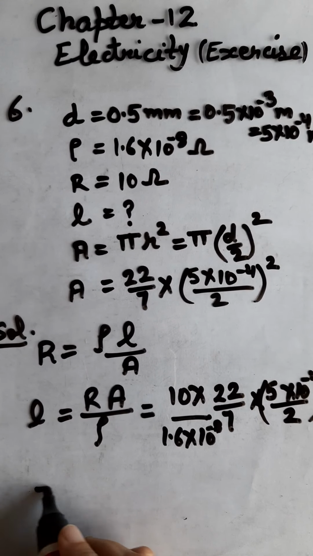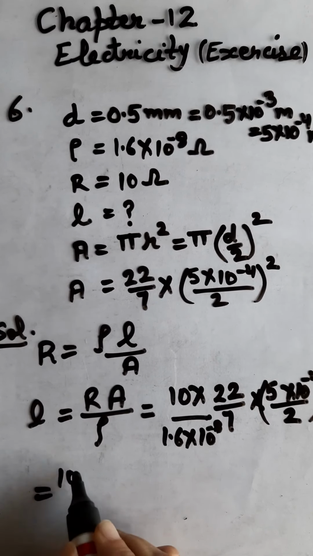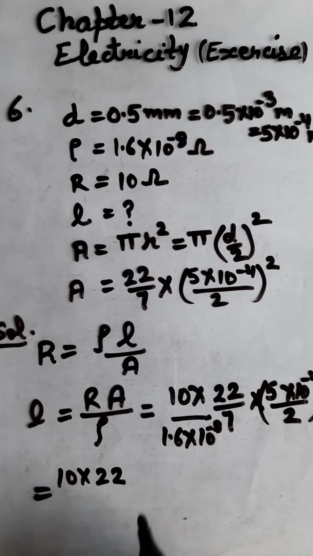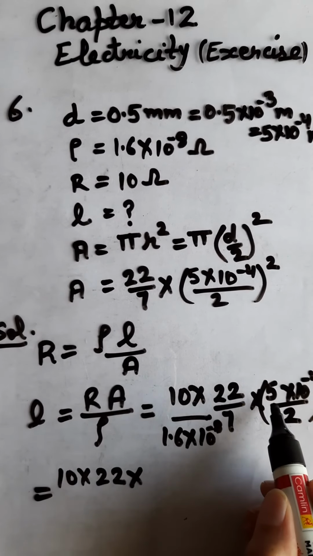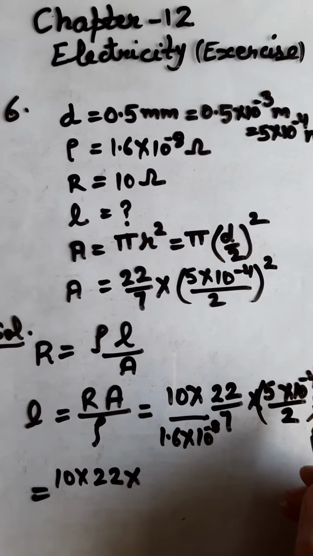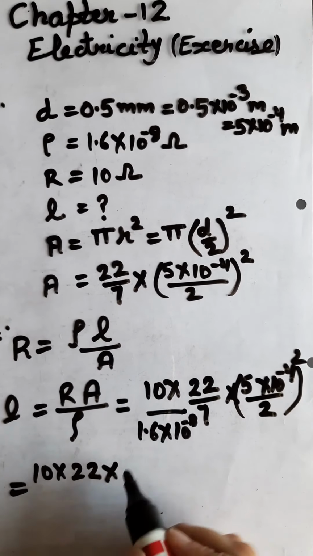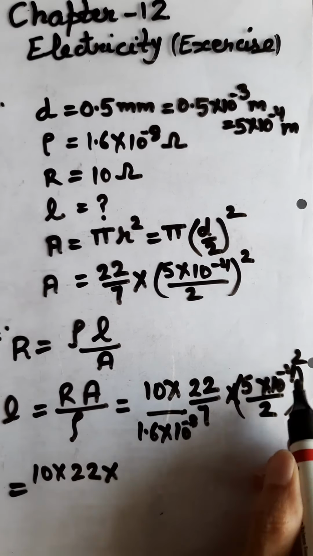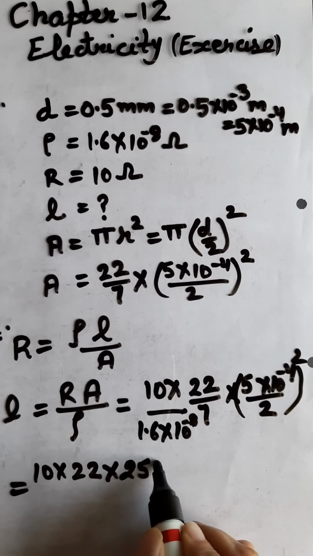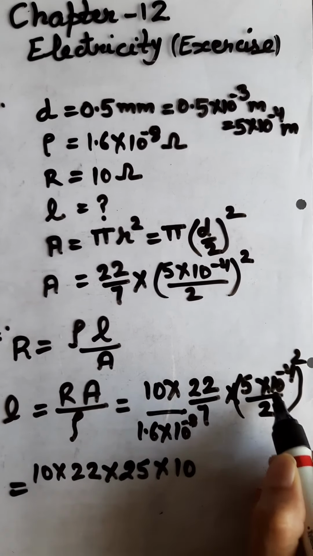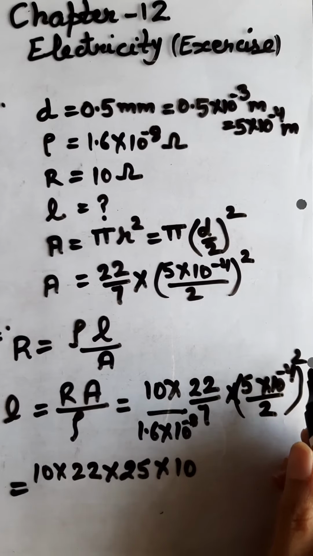Now we'll solve it. 10 multiply 22 multiply, this is 5 and it's a square, so it will be 5 into 5, 25, into 10 to the power minus 4 squared.